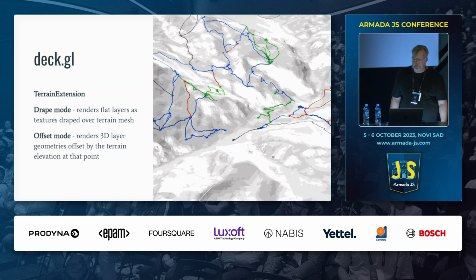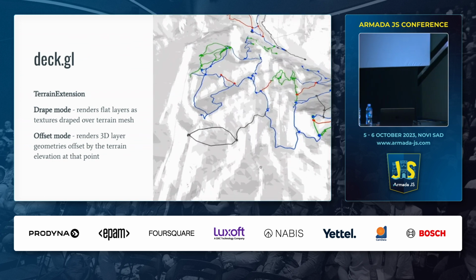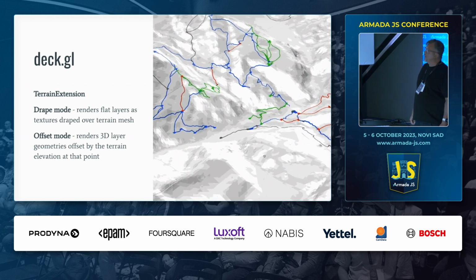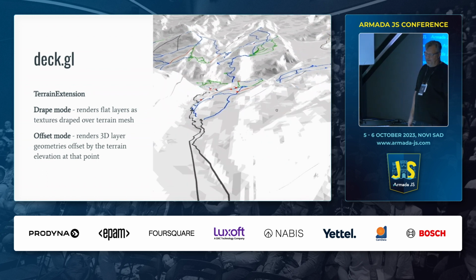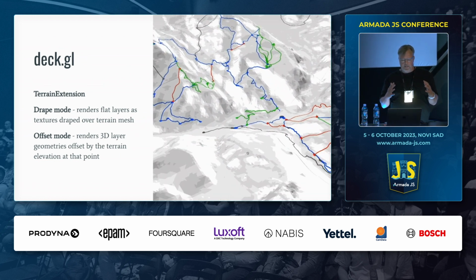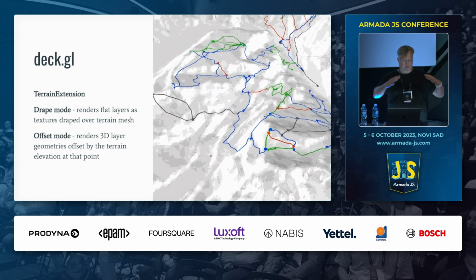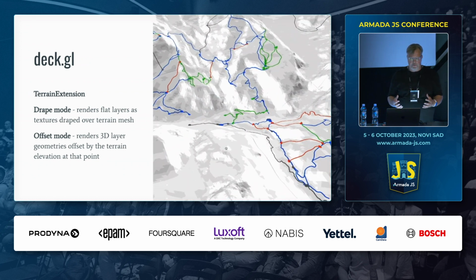Another feature, something we wanted for a long time, was the ability to combine flat data with terrain. When you have a terrain, if you naively do this in 3D, all the flat data will render below, and then the mountains will sit on top of and hide everything.